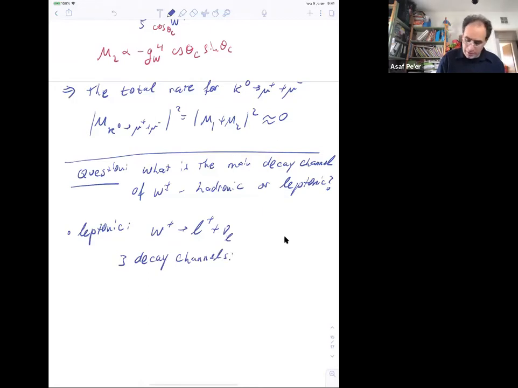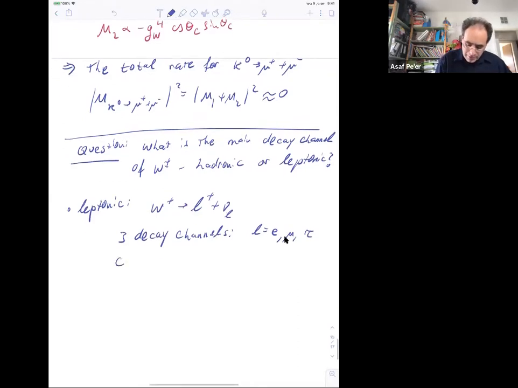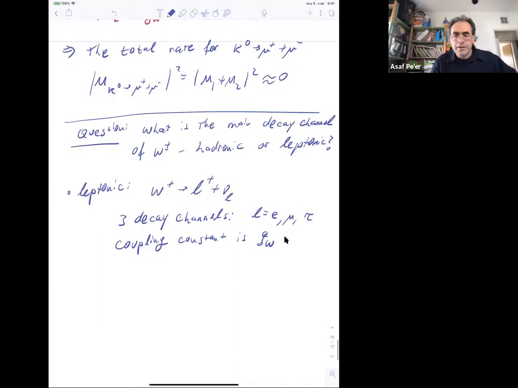Basically, L can be electron, muon, or the tau, right? For all of them, the coupling constant is G weak. Now we have to use the knowledge that the mass of the W is much greater than the masses of each one.